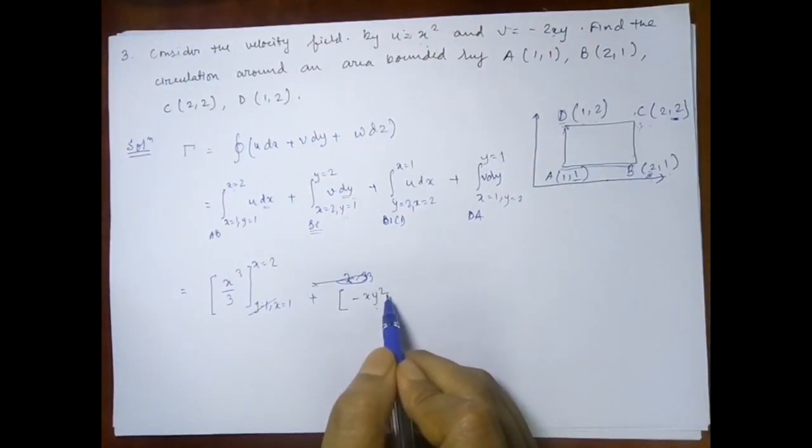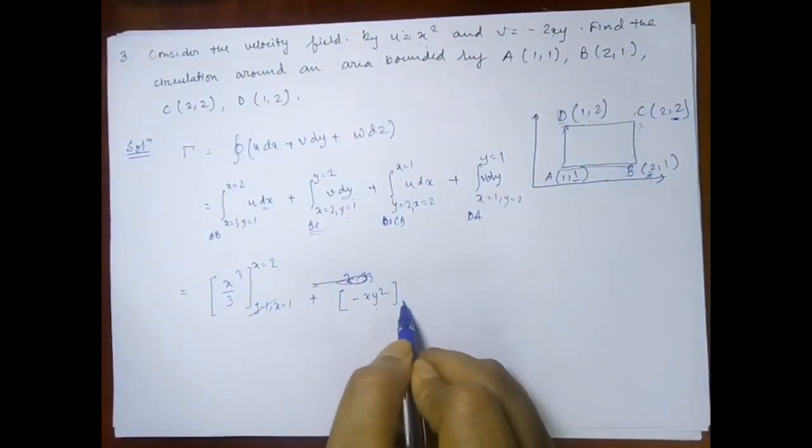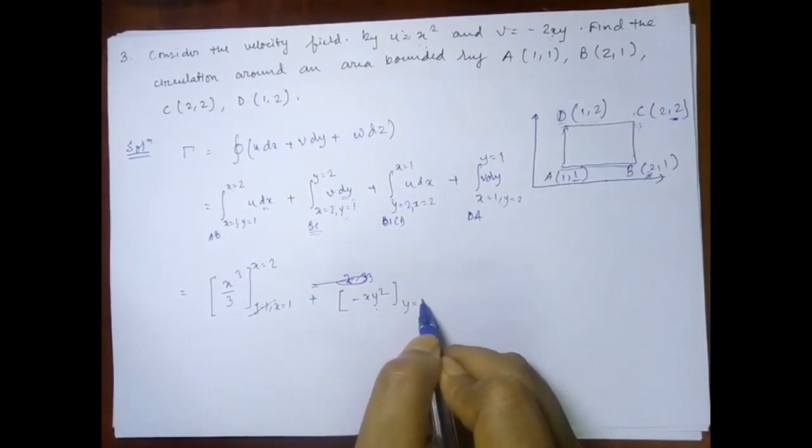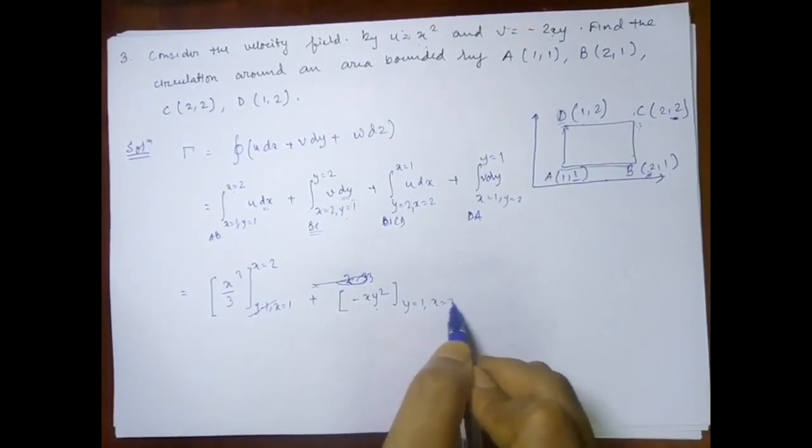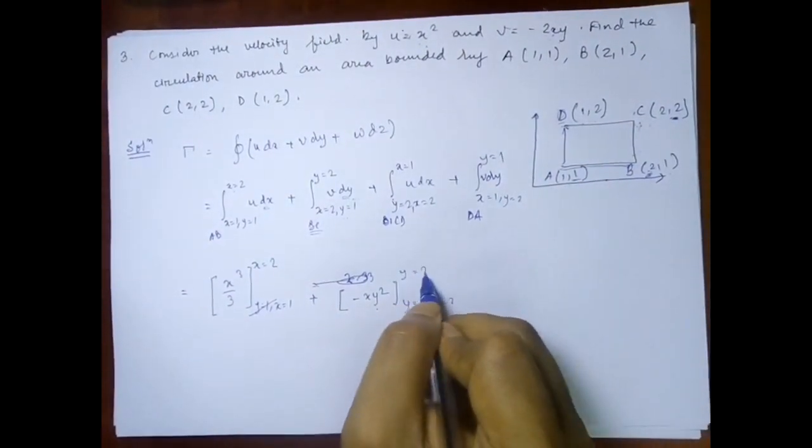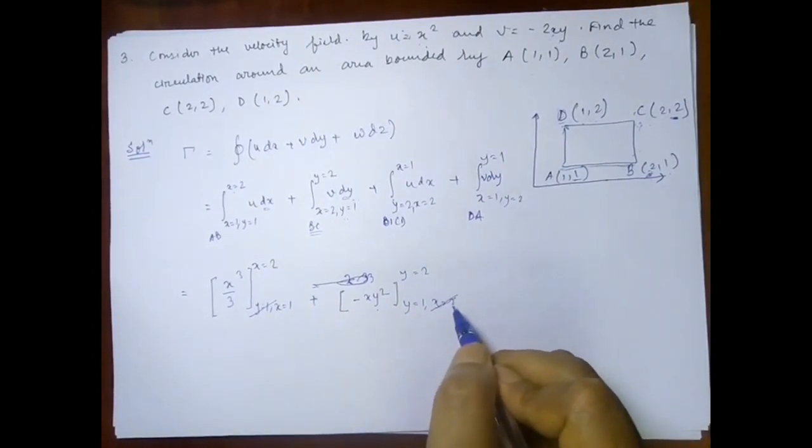So it will be minus xy square, from y equal to 1 to y equal to 2, and again here x will be eliminated.